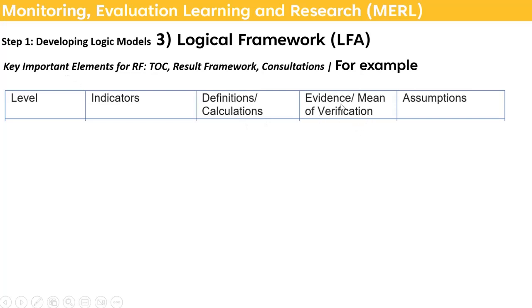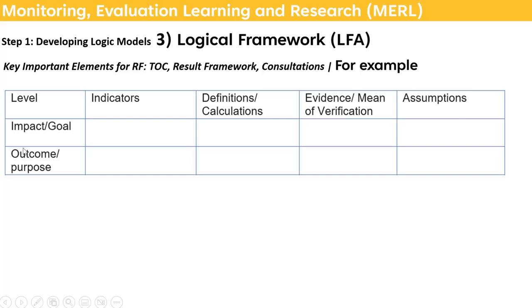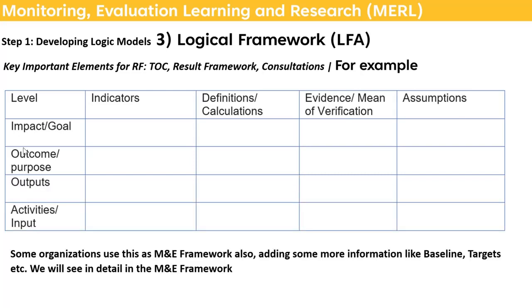Then what will be the evidence or the means of verification, the MOVs, and what are the key assumptions or the risks or different types of challenges which you need to consider while keeping in view the definitions and the means of verification. Now here you see, first you have to define indicators and targets and definition and means of verification for the impact goal, then for the outcome or the purpose, then the outputs and then activities.